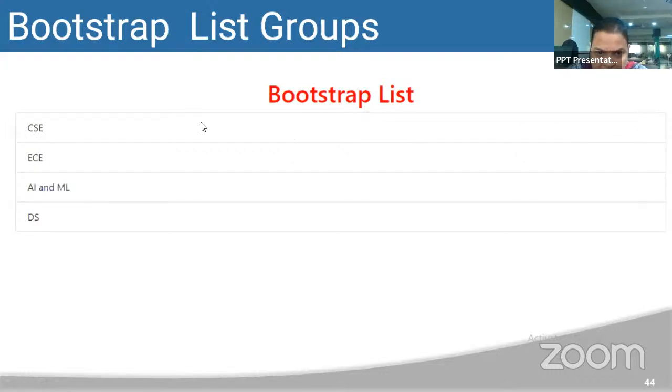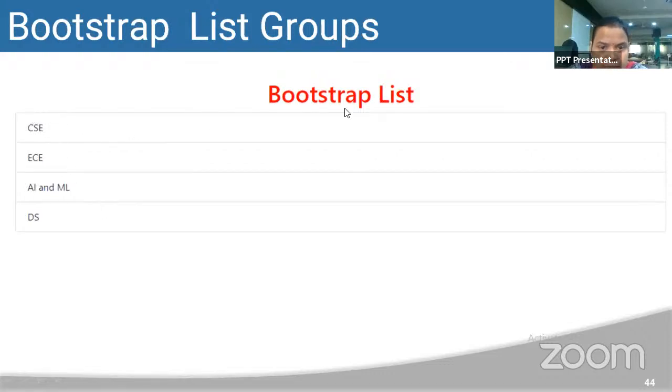This is called padding. See here, this is one padding, this is another padding, this is the padding like this. Here, the list will display like this. Actually, in plain HTML, the padding is not displayed.